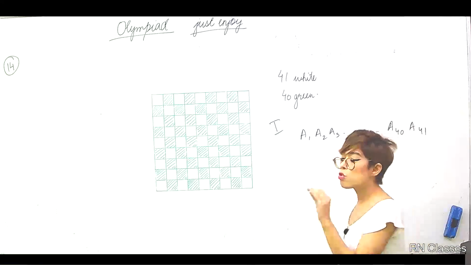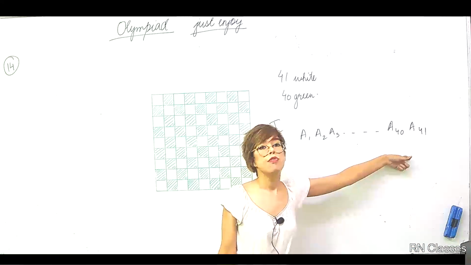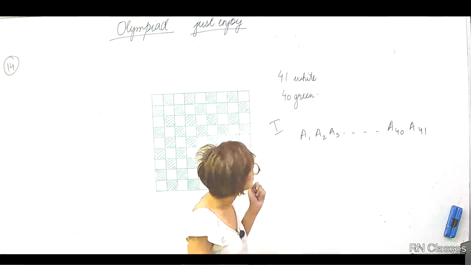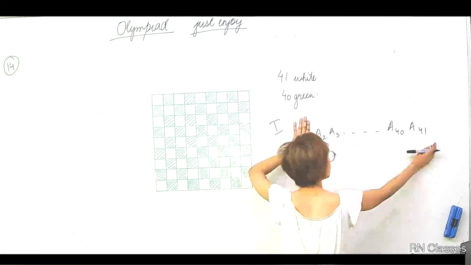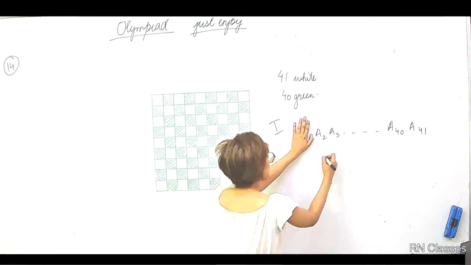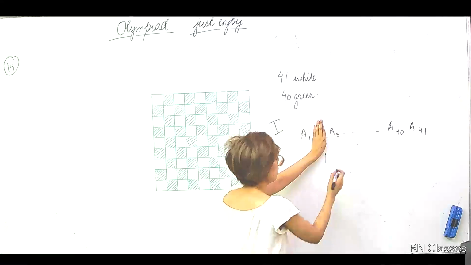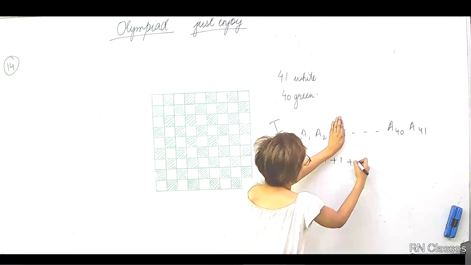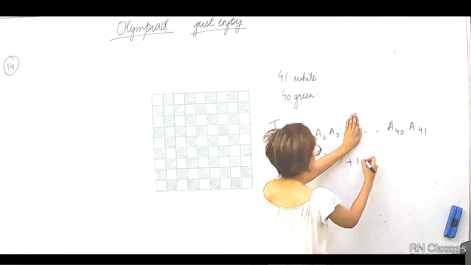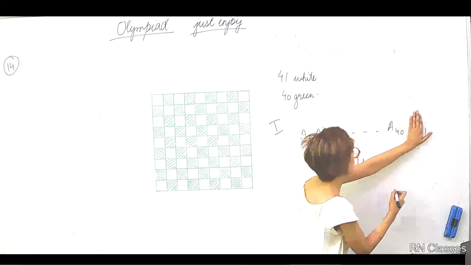You need to choose 40 squares out of these. How can we choose them? One case: leave out the first, the rest will be 40 in number. Then second case, leave out the second, 40. Then leave out A3, the third, 40. Similarly leave out the fourth, 40. Then leave this one, 40, leave this one, 40.